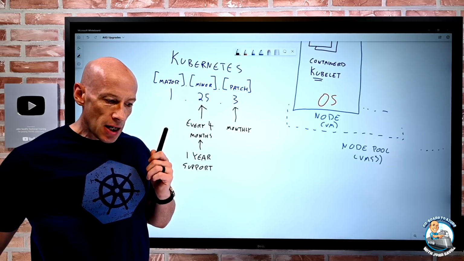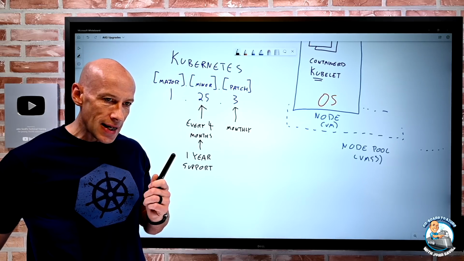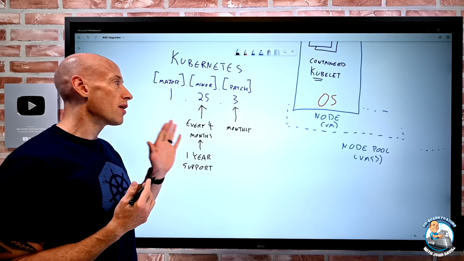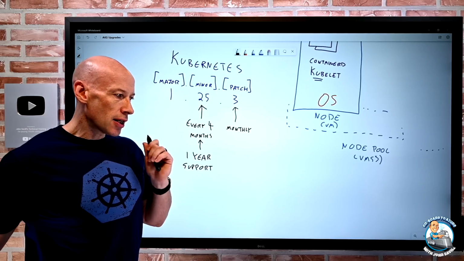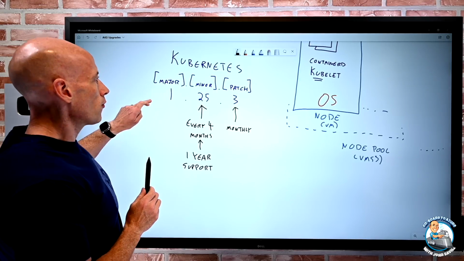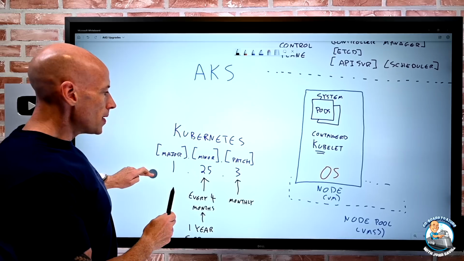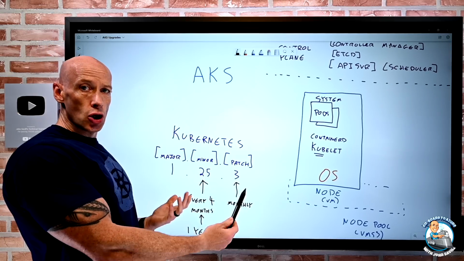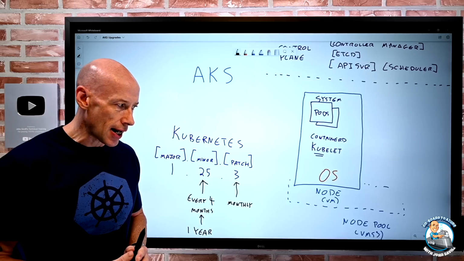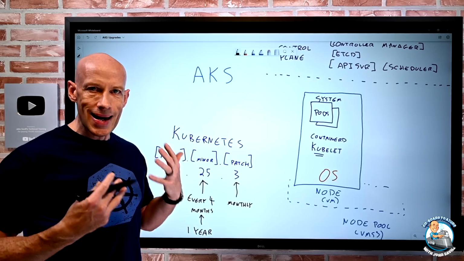So that's what I can think about for Kubernetes. Approximately every 4 months, a minor version, and they support it for a year. And AKS is sitting on top of Kubernetes. So if Kubernetes is really n-2, every 4 months, and it's supported for a year, that's really what AKS is doing.